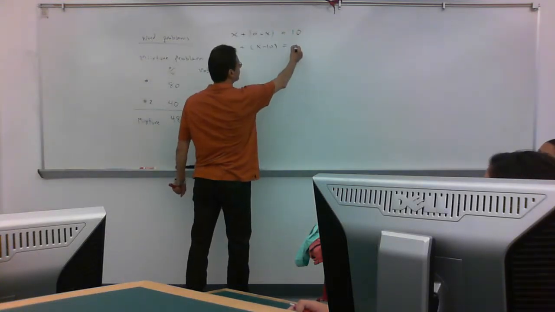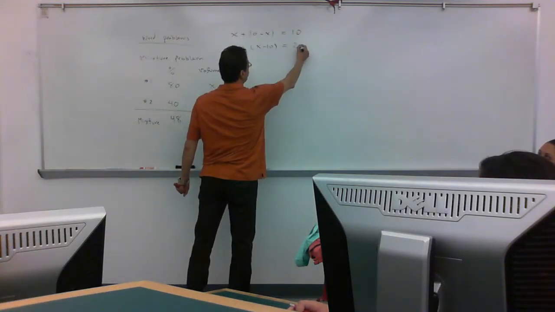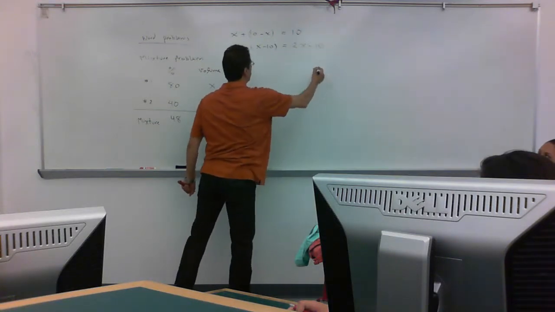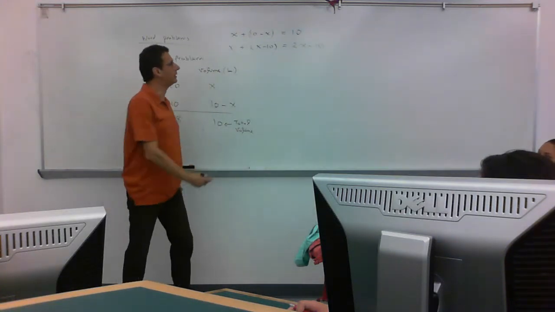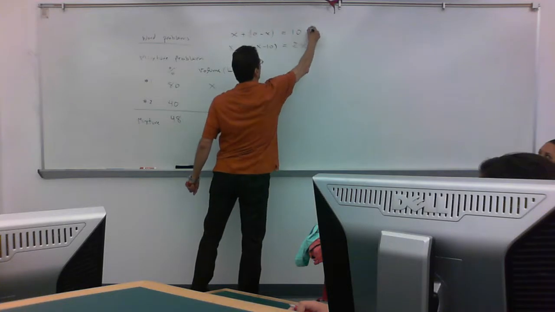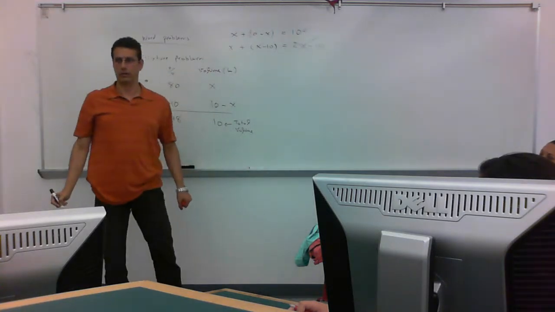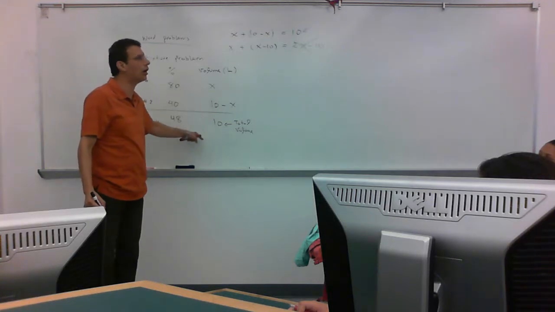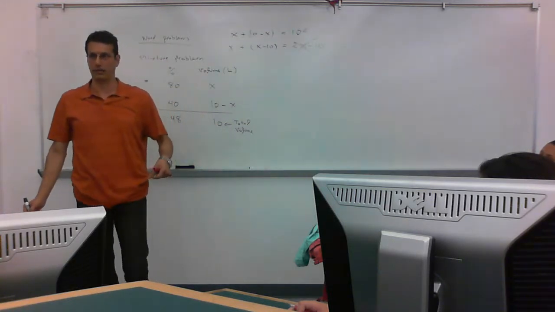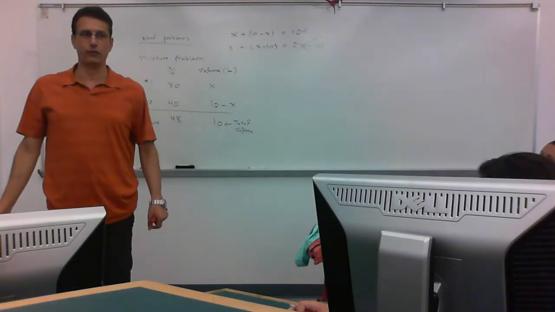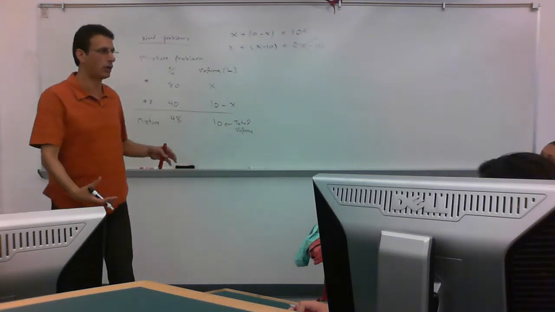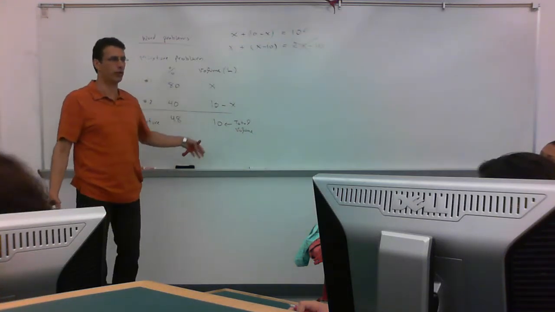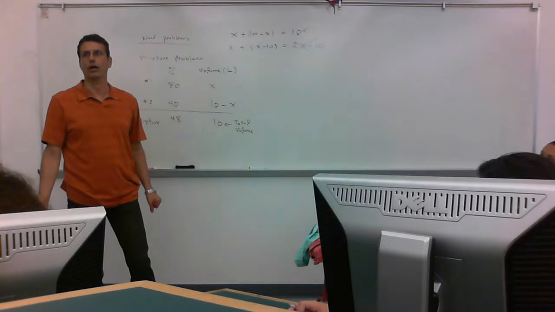Add them up. 2x minus 10, isn't it? And that's not what you're looking for. You're looking for 10. Therefore, it's 10 minus x. They do not add up to 10 if we use x minus 10. So if you ever get confused, all you have to do is add them up. Do you get to 10 liters or not?